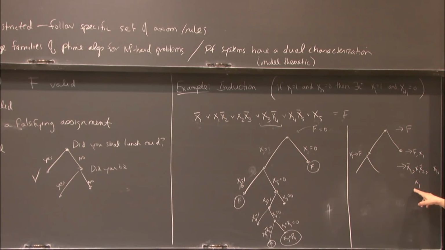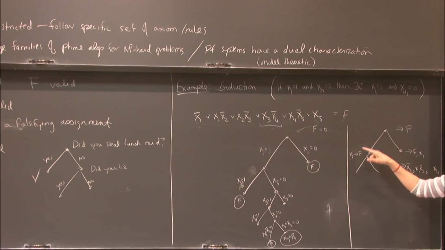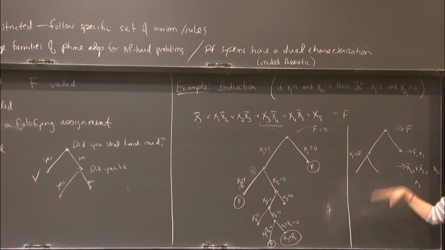Does that make sense? So again, a high level is these things, everything you query becomes a formula. On this side, you put it on the left. On this side, you put it on the right. And then you apply the cut rule to get this from those two. Keep doing that.